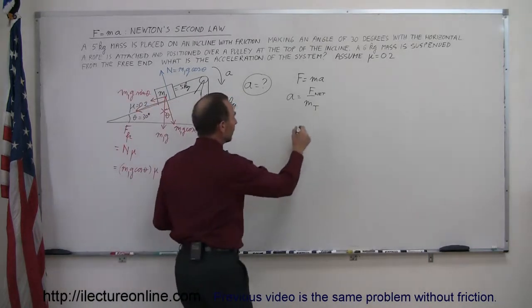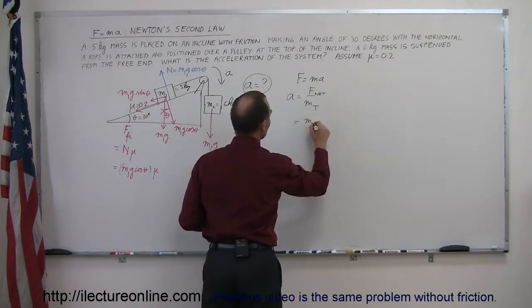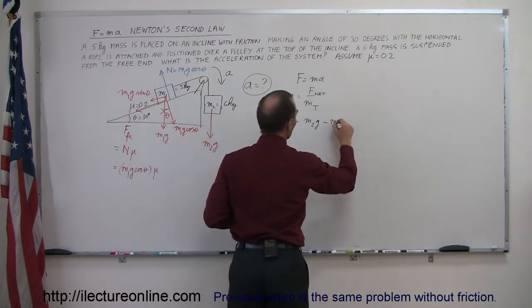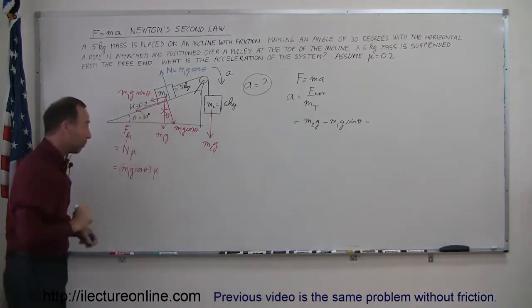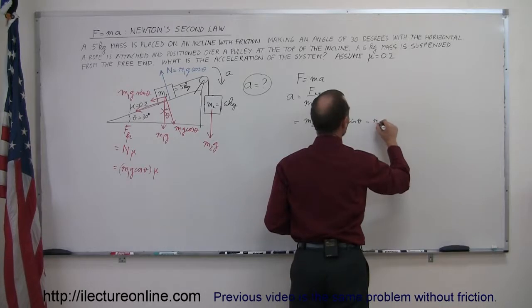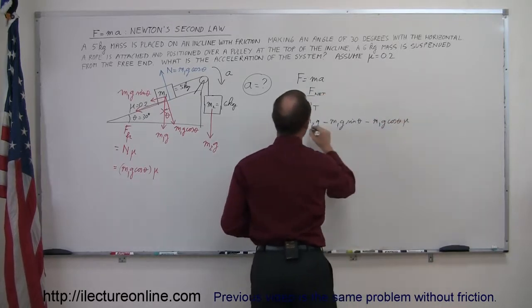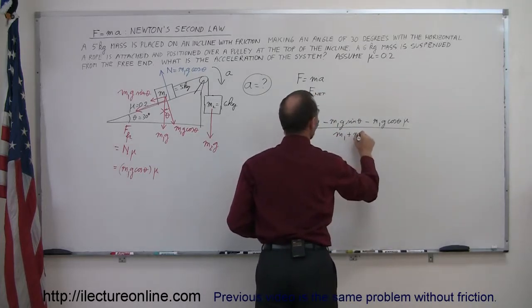Plugging in what those are, the net force will be the m2g, which aids acceleration, minus the m1g sine theta, which opposes acceleration, and minus the friction force, which also opposes acceleration, which is m1g cosine theta times mu, and that whole thing is divided by the sum of the two masses, m1 plus m2.